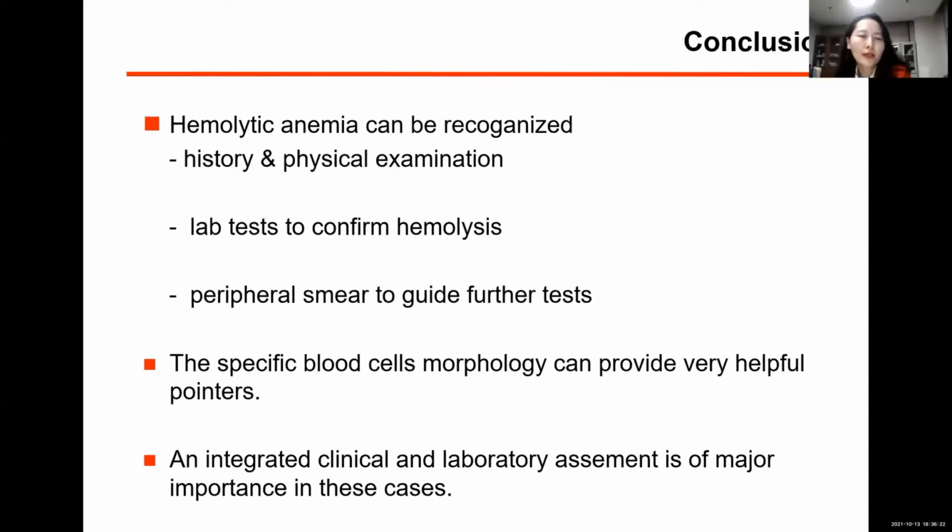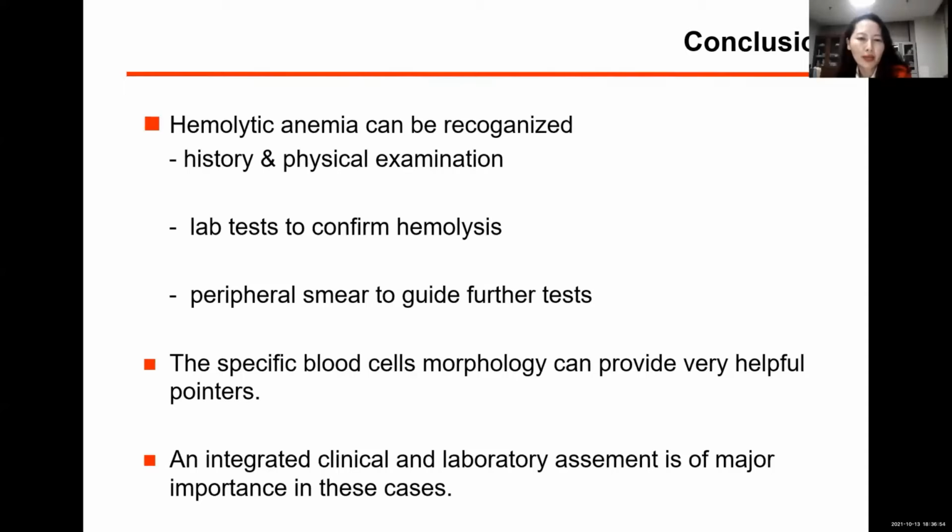Conclusion. Hemolytic anemia can be recognized by history and physical examination. Some lab tests can help us to confirm hemolytic anemia. Peripheral smear, especially some specific morphology, can guide further tests.